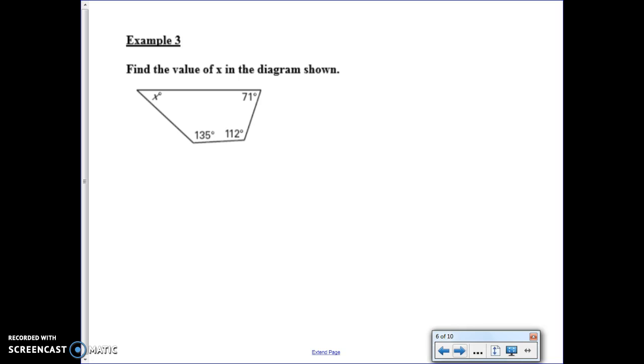Okay, find the value of x in the diagram shown. So, in this diagram, we have a 4-sided figure. We know that they should all add up to 360. So just like we did with triangles, we're just adding up all of the degree measures and setting it equal to 360.